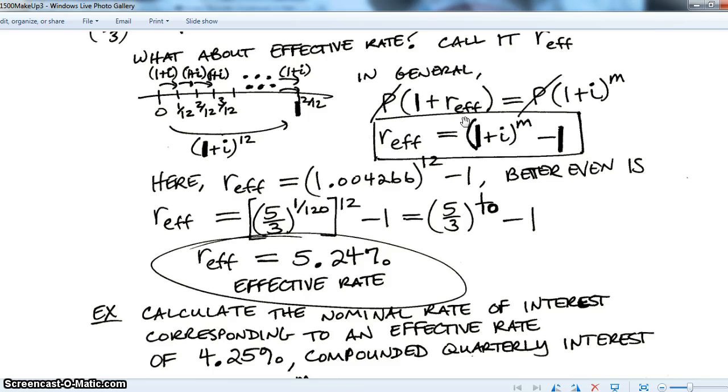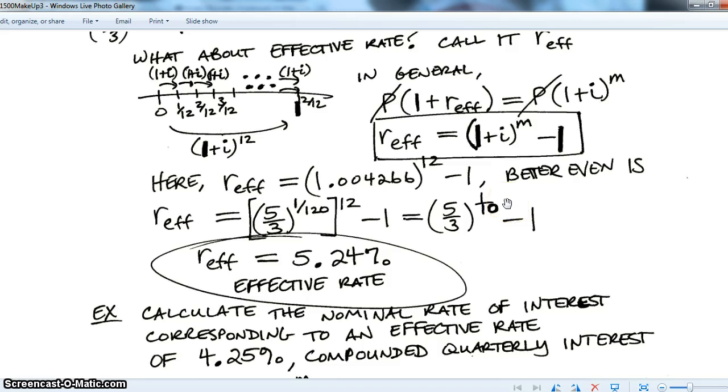So that's just effective rate under simple interest for a year. That's supposed to be the same as if you took the principal and then used the nominal rate, but you chopped it up into the m pieces and then compounded it m times. In other words, you get the 1 plus I to the m. So by definition, the effective rate is the rate that makes these two equal.